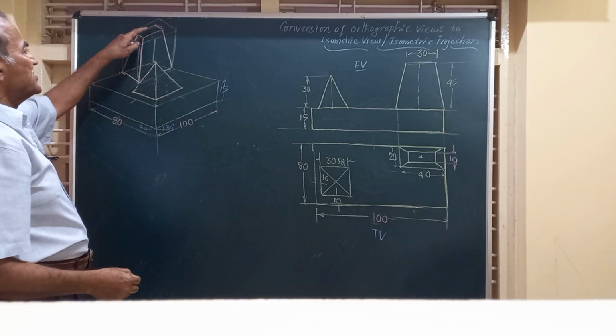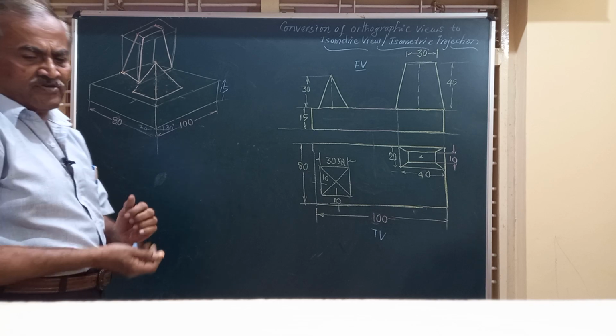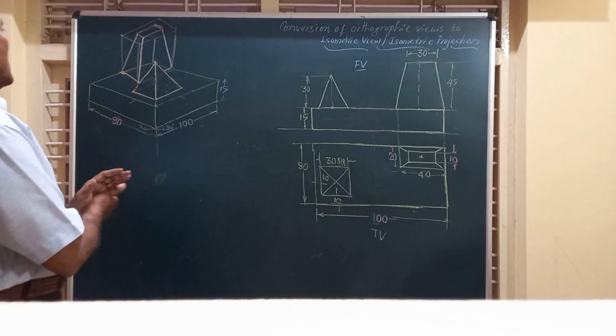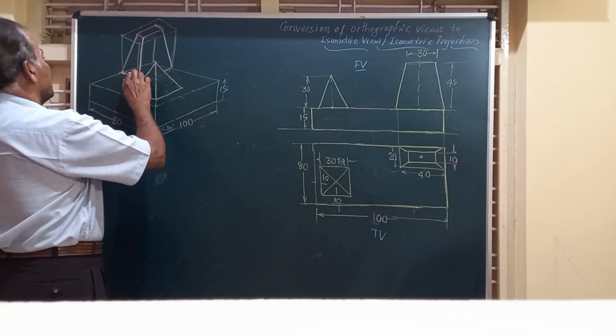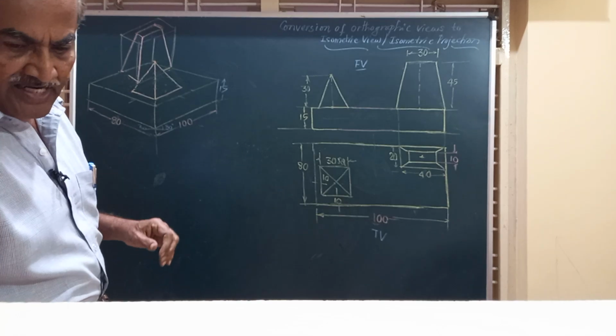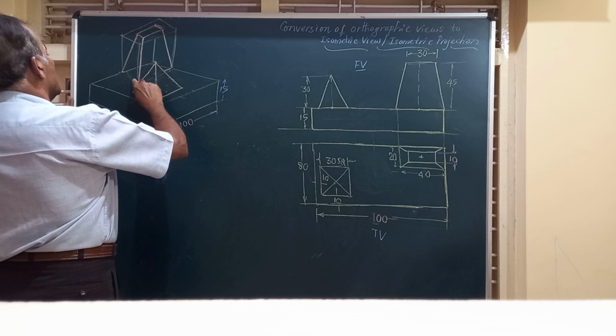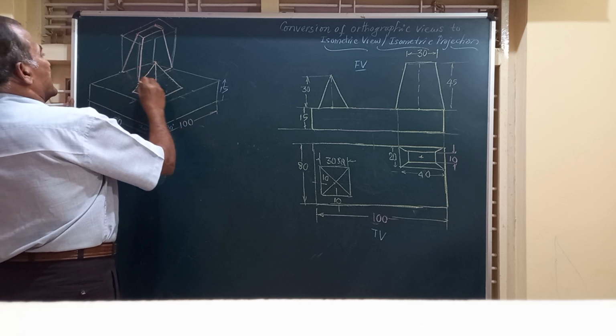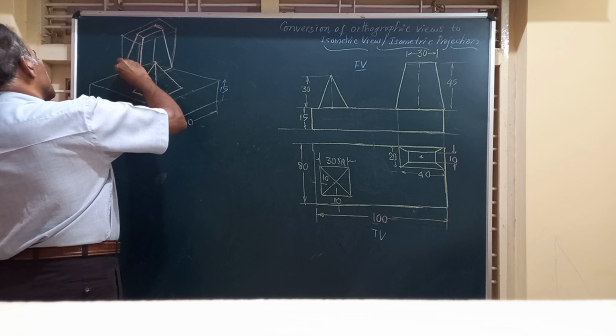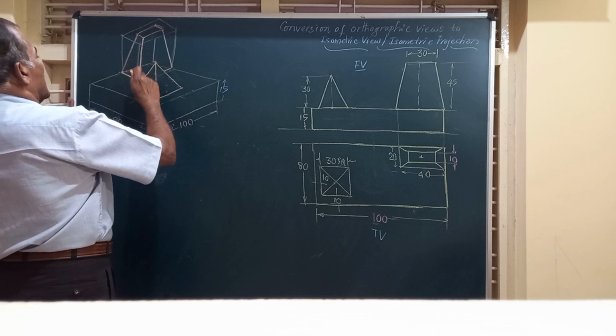So the height of this is given to be how much? 45 millimeter. Now friends, if you observe this properly, I will have this once again joined here because this has to be parallel here. So I will make it like this. And this line is there.